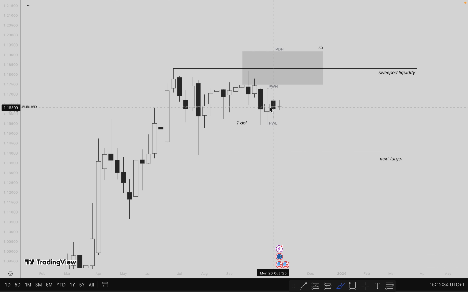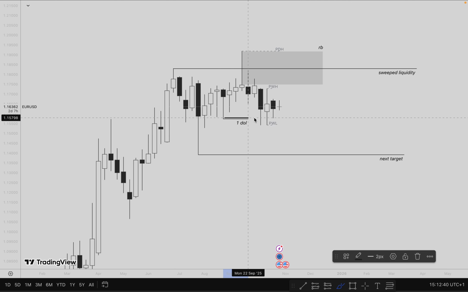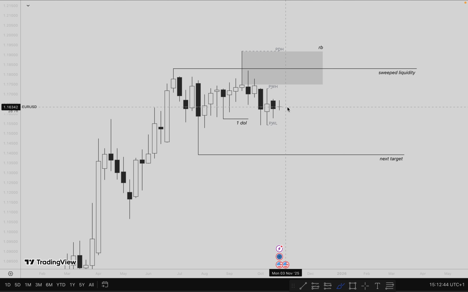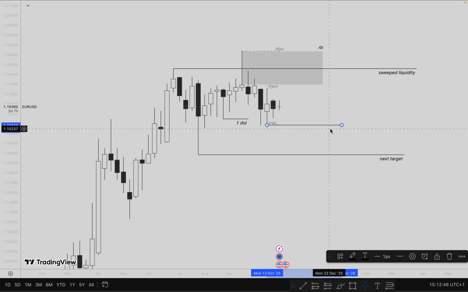There is a very strong reaction. But after sweeping this liquidity, after reaching this target, we are getting some correction, some reverse movement. So this is why I will look at this target, the close target.